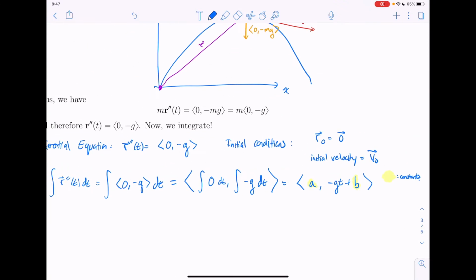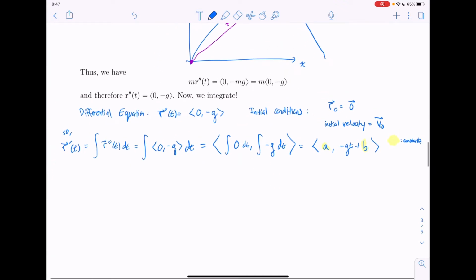But we don't really want to have to write constants for every single integral, and we don't have to, because we could always rewrite this as the vector 0, negative gt, plus the vector containing the constants. You'll verify by vector addition that this vector we had here is exactly equal to this vector.